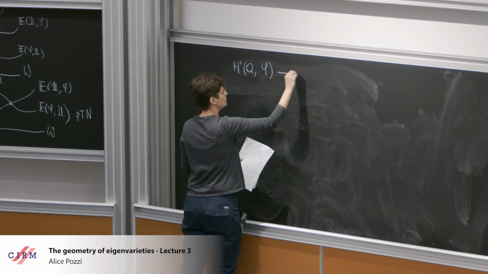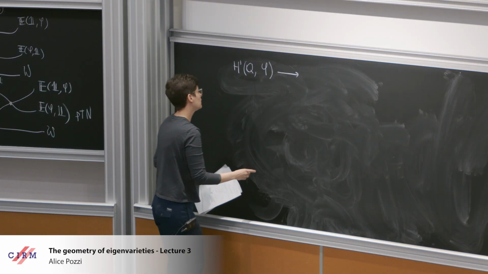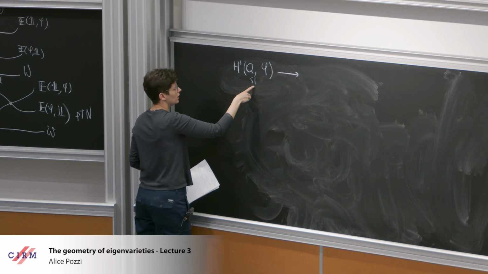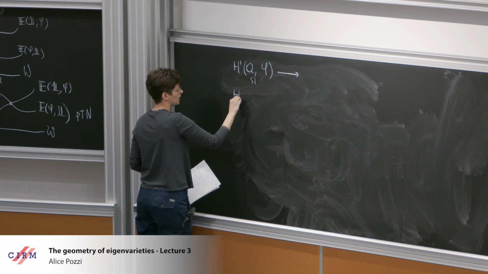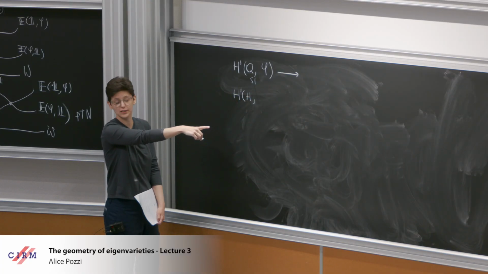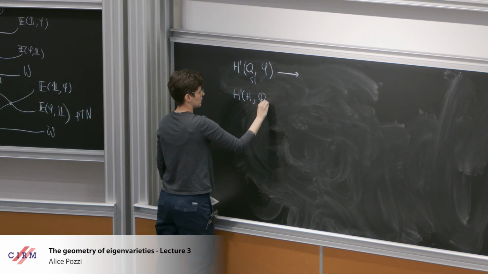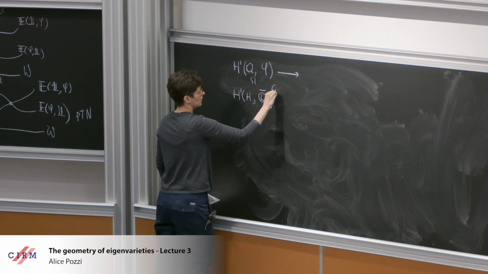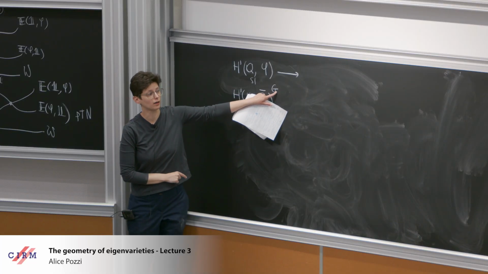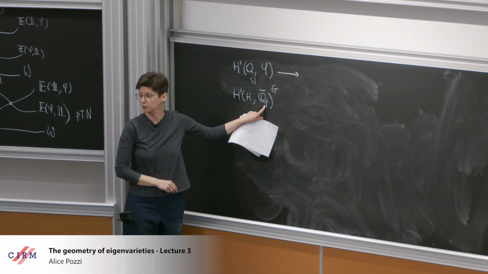this is a somewhat concrete group to consider because you can identify this by inflation restriction to the H^1 of H, the fixed field by the kernel of the character, with values in Q_p bar, fixed by the action of the Galois group of H over Q. So this is not bad now, because this is trivial coefficients.